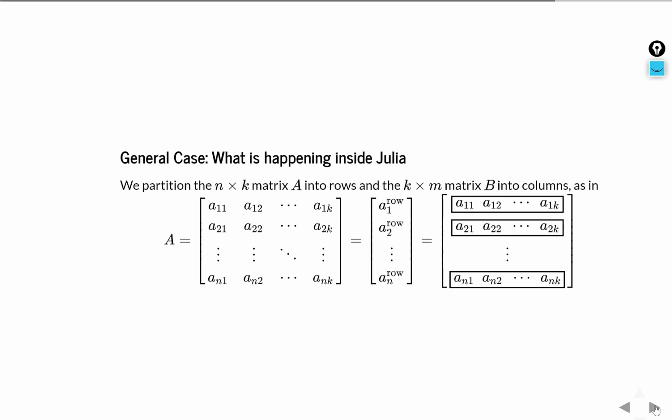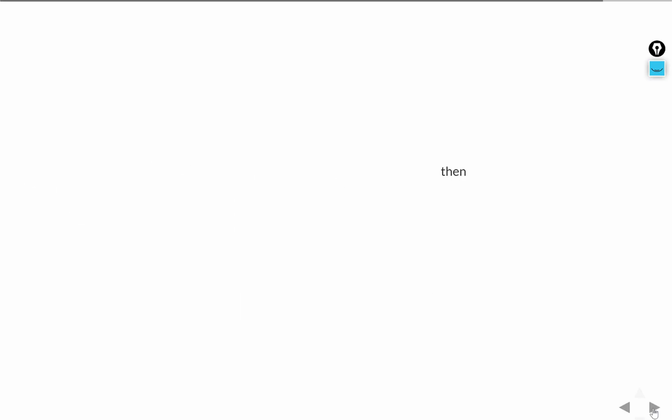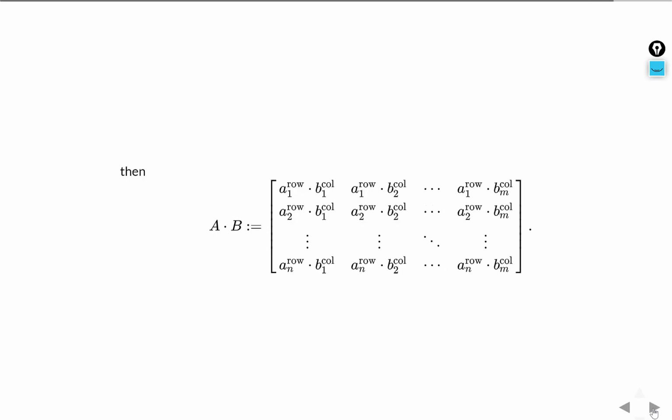In general, if A is an n by k matrix, we can partition A into n rows. And if B is a k by m matrix, we can partition B into m columns. And the product is defined, as you can see, for each entry of the result.